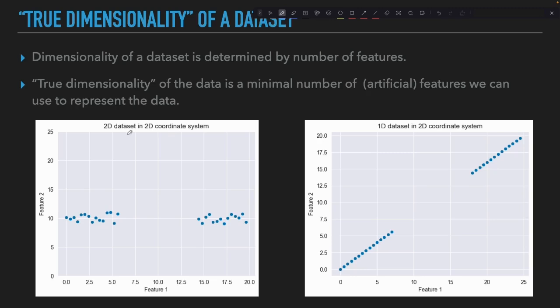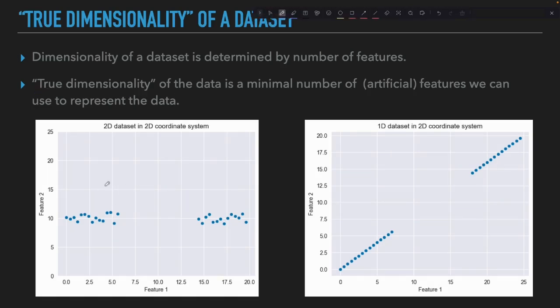We could also take a look at these two datasets again. This dataset is described by two features, so it is two-dimensional. And this dataset is also described by using two features, meaning that it is two-dimensional as well. But you can see that something is different between these two datasets, and what is different is this true dimensionality.